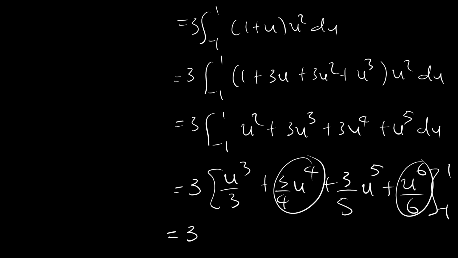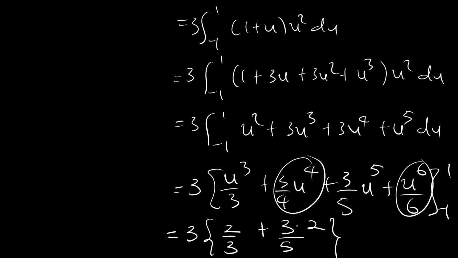But the important thing now is to see that here we have twice of 3, because 1 cubed minus negative 1 cubed is going to be 2, and then this also is going to be 2, so we have 3 times 2 over 5.